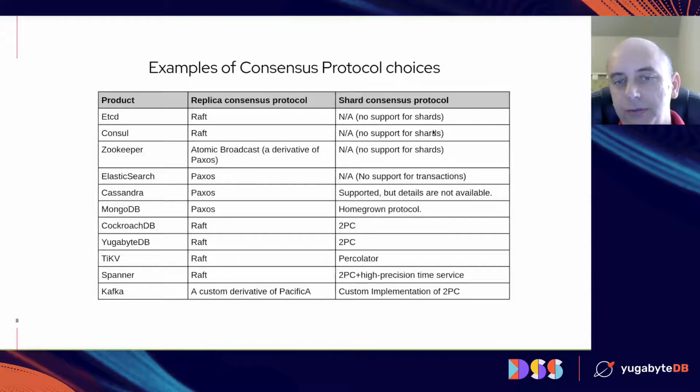And then most of these stateful workloads have the ability to create shards that allow them to scale horizontally, almost in an unlimited fashion. If they support inter-shard transactions, then they again need a consensus protocol between shards. In this case, you can find things like the two-phase commit protocol or three-phase commit protocol. Today we're going to see Yugabyte. Yugabyte uses Raft for replica synchronization and two-phase commit for shard consensus.